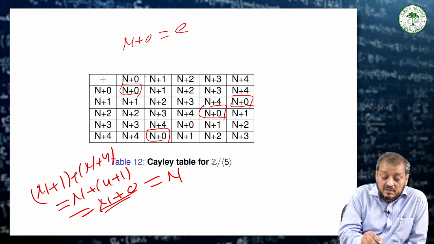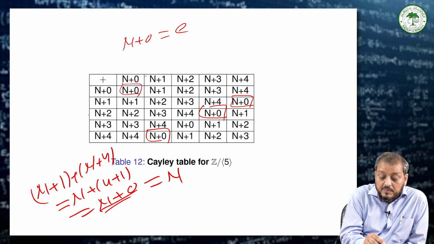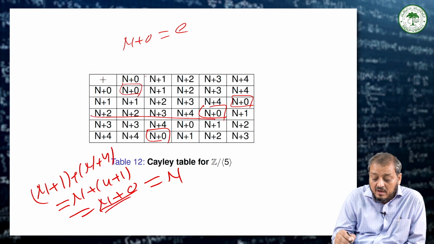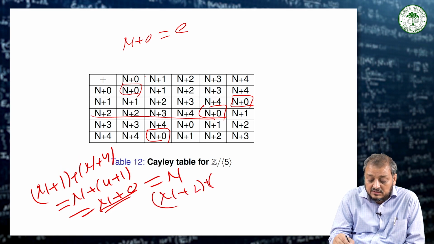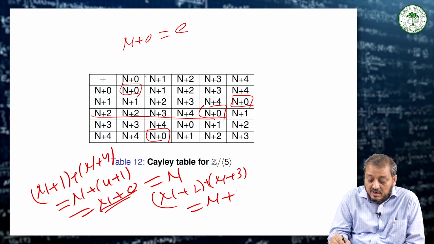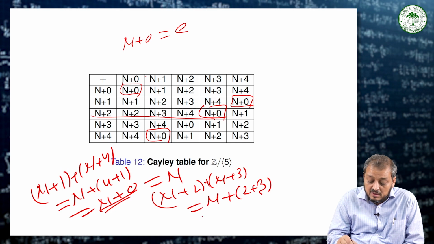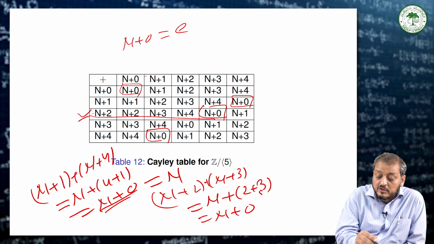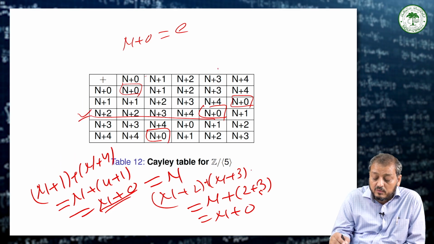Now we check N plus 2 and N plus 3. By the definition, N plus 2 plus 3 under addition modulo 5 is nothing but N plus 0. So the inverse of N plus 2 is N plus 3.